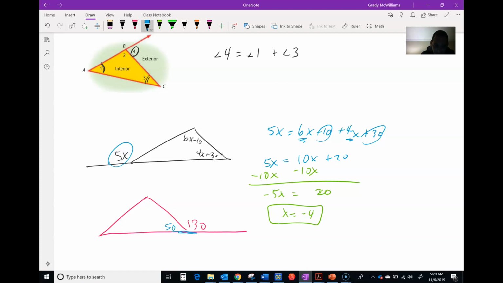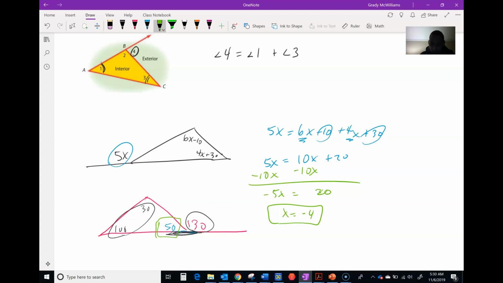So no matter what these are, maybe this one is like 100 and this one's 30. All three angles inside the triangle should add up to be 180. So these two must always be equal to this one. So all three of these have to be 180 inside, and then next to each other have to be 180. So they both share this 50 degrees here. Hopefully it makes some kind of sense.